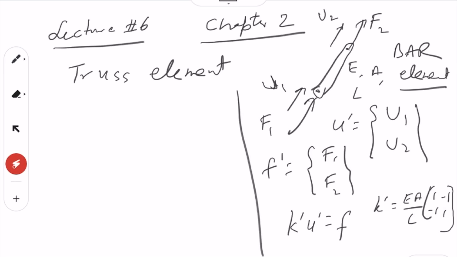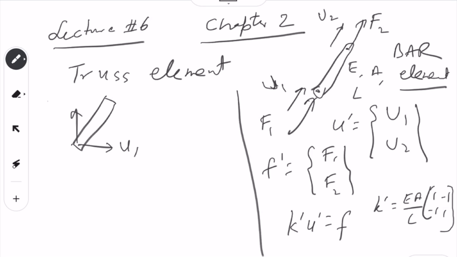Now the truss element, where displacement is still aligned with the x-axis. So there are two displacements per node basically, and the same bar we are writing as displacement u1, u2, u3, u4.